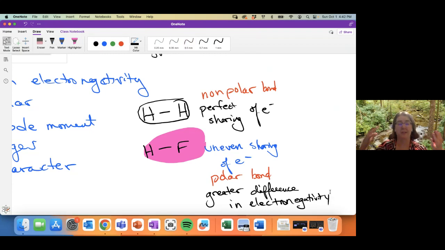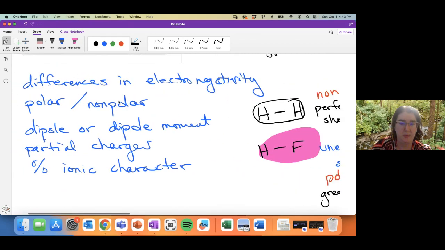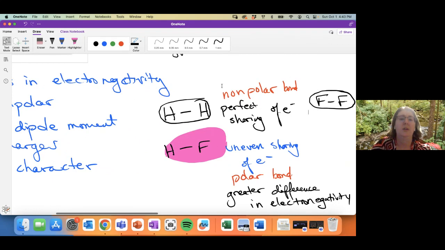So it's a big difference between the two of them. I have two hydrogens that are exactly the same, no difference between them. This would be the same if I had two fluorines together, by the way. Even though fluorine is very electronegative, if it's the same element, the difference in electronegativity between two fluorines is 0, because it's the exact same atom. So we talked about differences, polar versus nonpolar. Polar is uneven sharing. Nonpolar is perfect sharing.